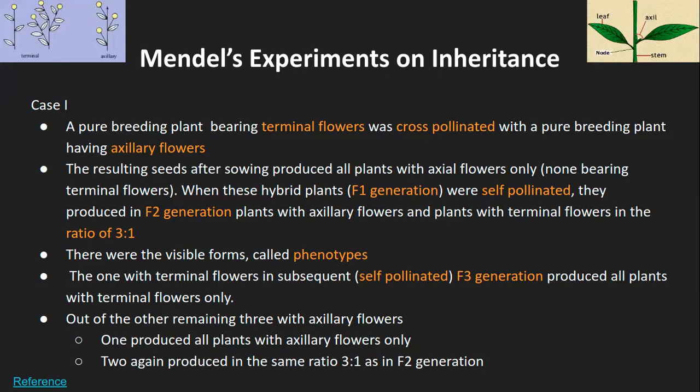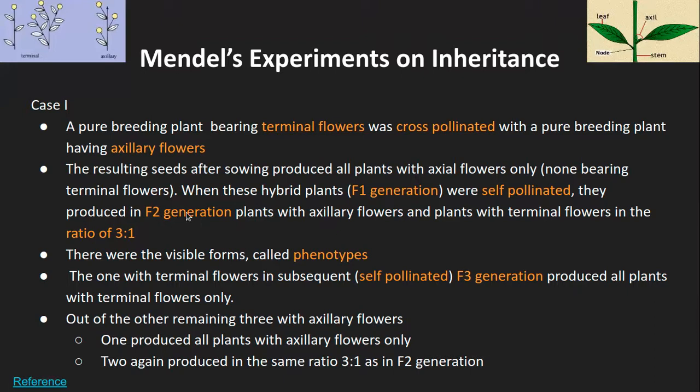So that is what self-pollination is. And they produce the F2 generation, the grandchildren of the parent generation, who will be the offspring of F1. So the parent produces the F1 generation, and F1 produces the F2 generation.